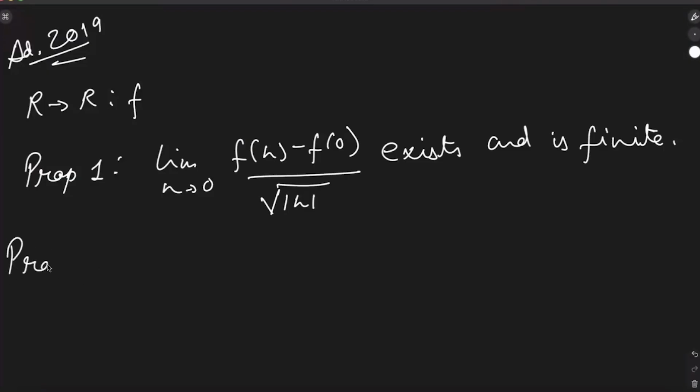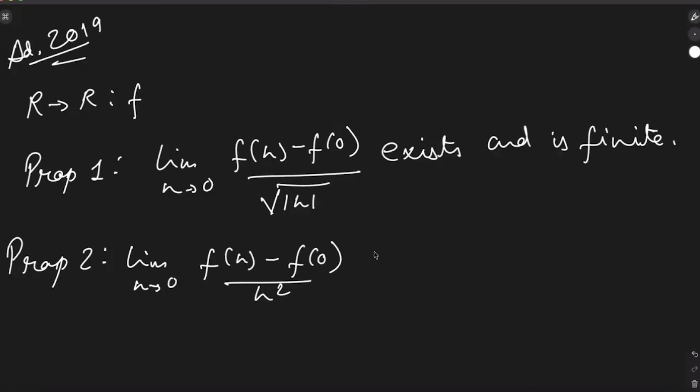And what is property 2? Property 2: limit h tends to 0 of (f(h) minus f(0)) divided by h square also exists and is finite. So then which of the following options are correct?